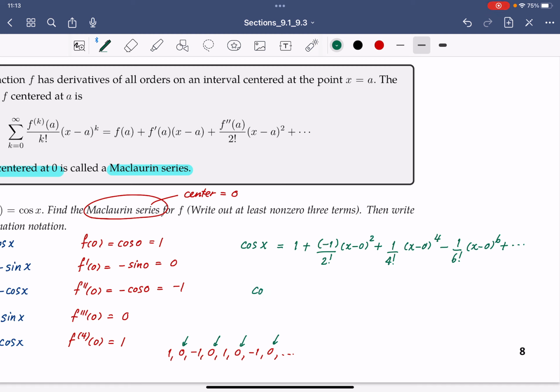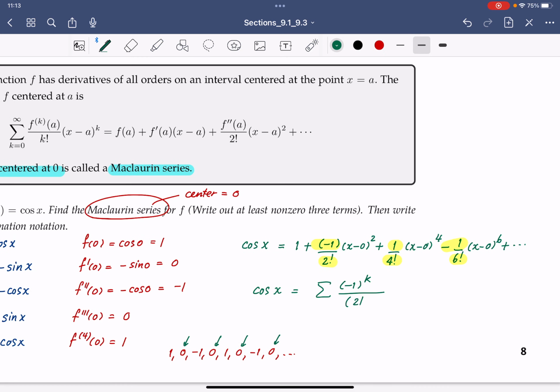Okay, can you write the cosine function in terms of summation? So what is it going to be? Of course, you can see that the sign swaps between plus and minus, plus and minus, so you need negative 1 to the k in your series. And in the bottom you have 2, 4, 6. What should you do then?